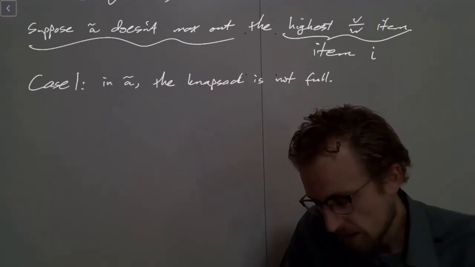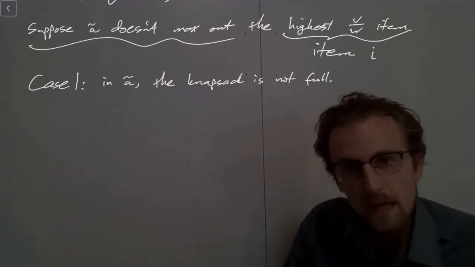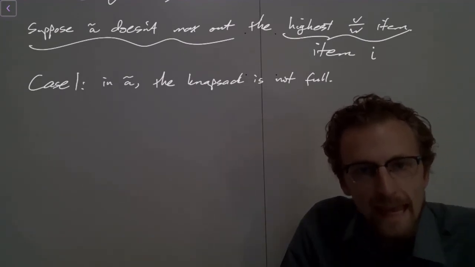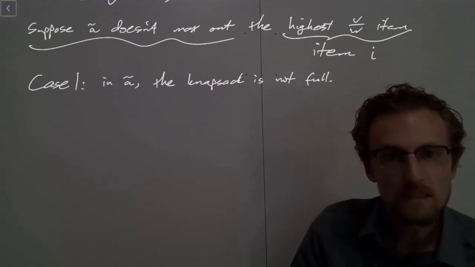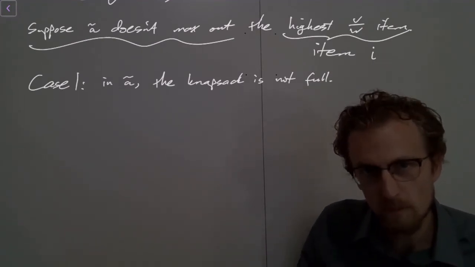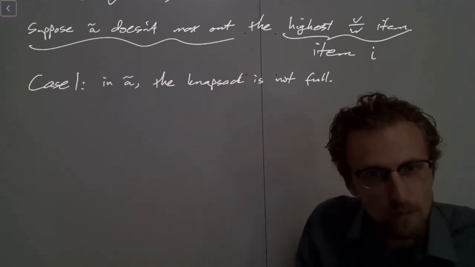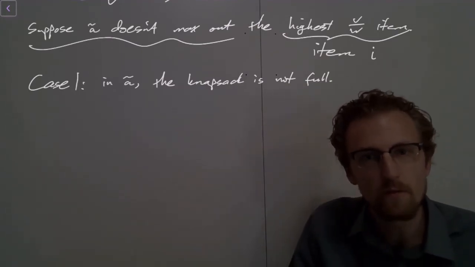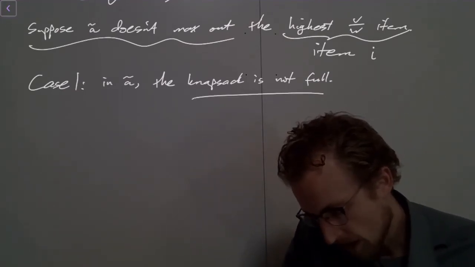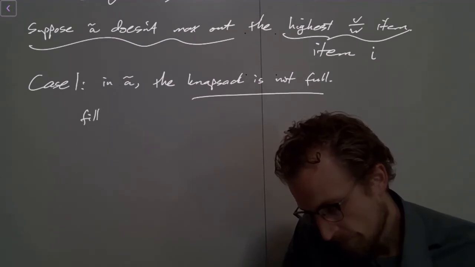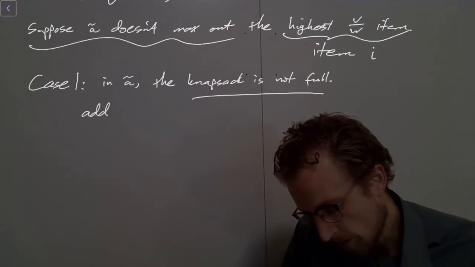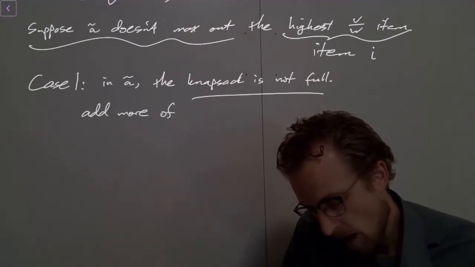The fact that A tilde doesn't max out the highest value per weight item, and there's extra space, means that there is something we can put into that space. What can we put into that space? Well, some of what's remaining of the highest value per weight item that we didn't put in the first place. So if the knapsack is not full, then add more of item I.